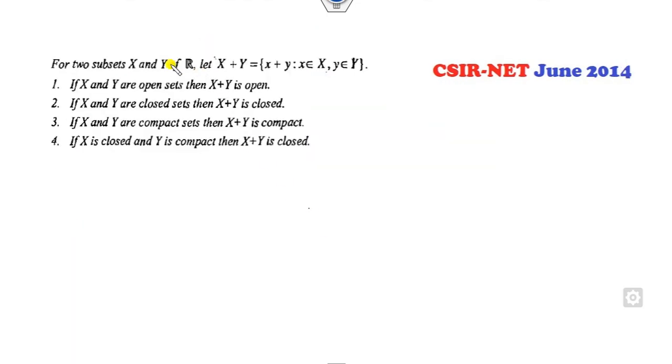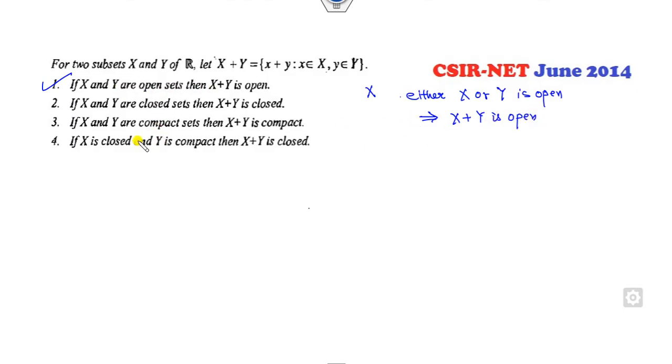Okay, for two subsets x and y of R, x plus y is here. Okay, I think that's simple. So x and y are open, that's a simple result. If either x or y is open, this implies x plus y is open. But here both are there.